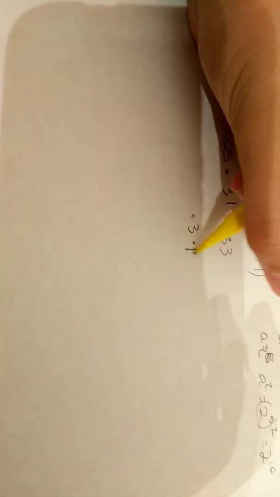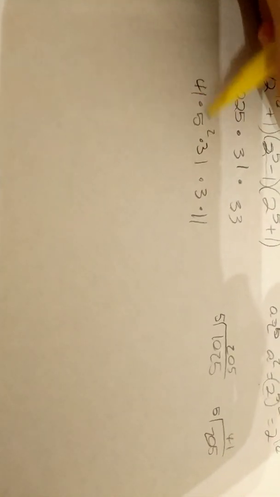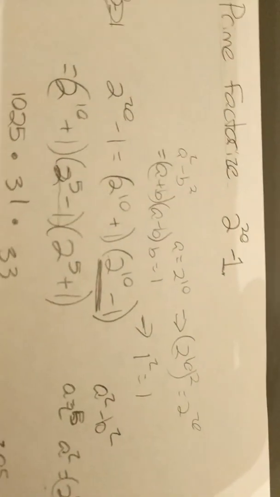Now, this can be written as 3 times 11, 31 is prime, 1,025 I can divide by 5. Oh, and then I could divide by 5 again. And I end up with 41, so it's times 5 squared times 41. That right there is the prime factorization of this mess over here.